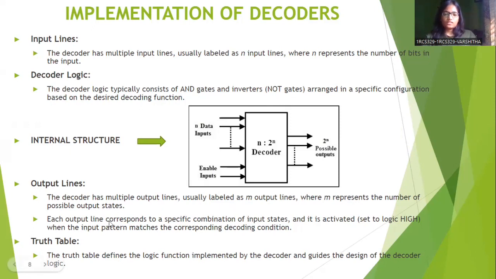Each output line corresponds to a specific combination of input states and it is activated when the input pattern matches the corresponding decoding condition. There is a certain input pattern that has to be matched, and only then would the output signal be enabled. That is, whenever the enabled inputs are active, then that particular output signal would be active.